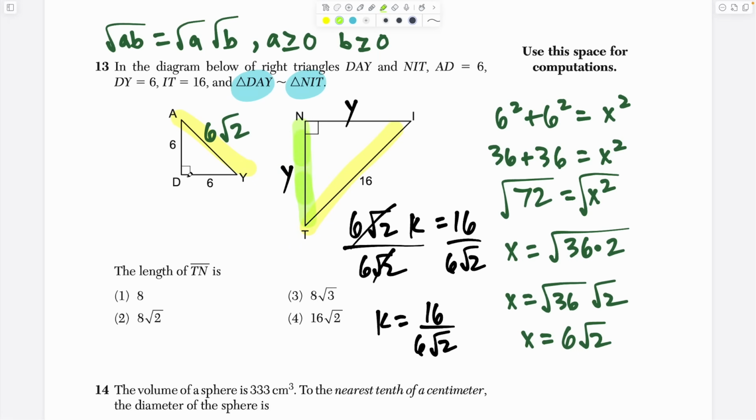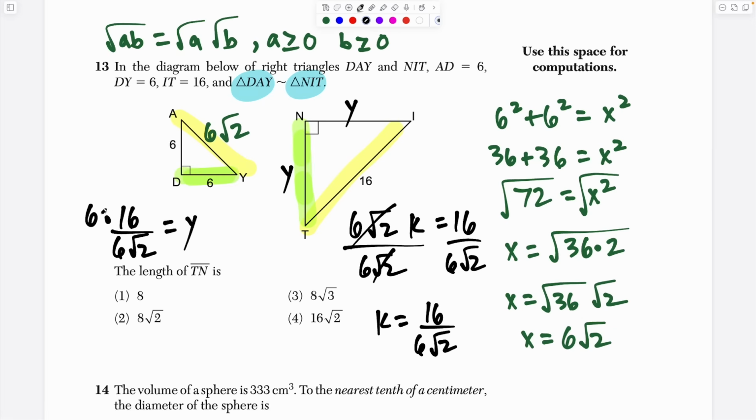I could say that corresponds to side YD over here. And I could say that 6 times that same scale factor, so 6 times 16 over 6 square root 2, is also going to give me the value of y over here. Okay, so once you find the scale factor, you can multiply all the corresponding sides by that scale factor to find what you need.